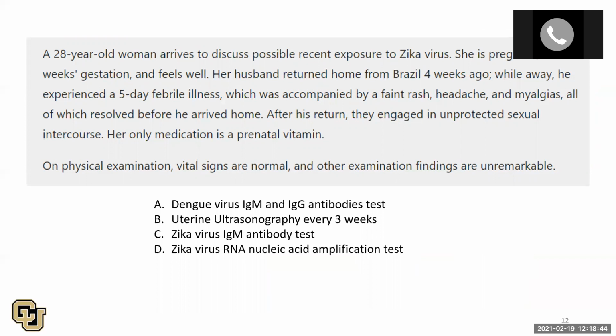We've dealt with a lot of viruses lately. Wait, what's the question? The question is, what's the next test you want to do today? Oh, okay. Yeah.